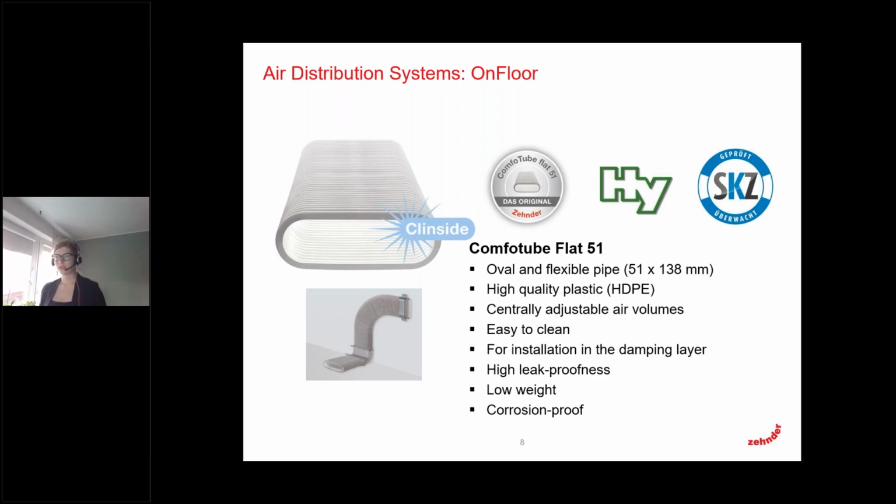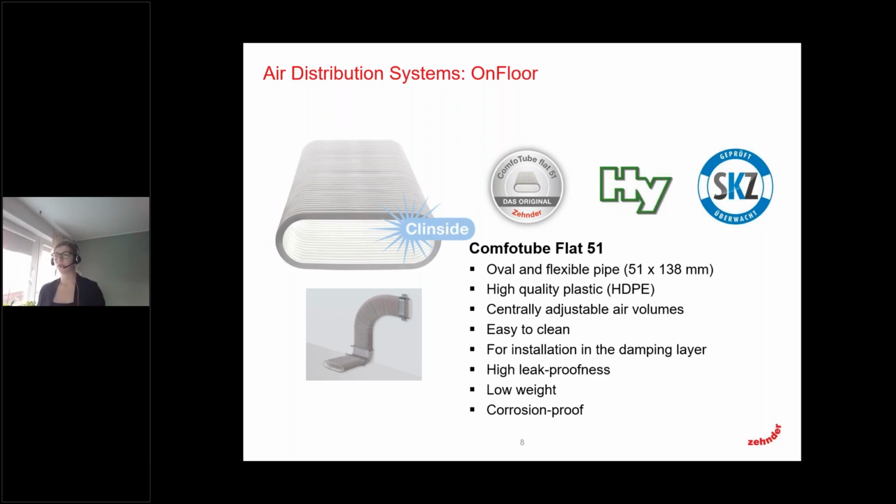The tube itself is made from high quality plastic, high density polyethylene. This is also a product that is quite often used in the food industry. Also the tube can be centrally adjusted considering the air volumes, and it's easy to clean.